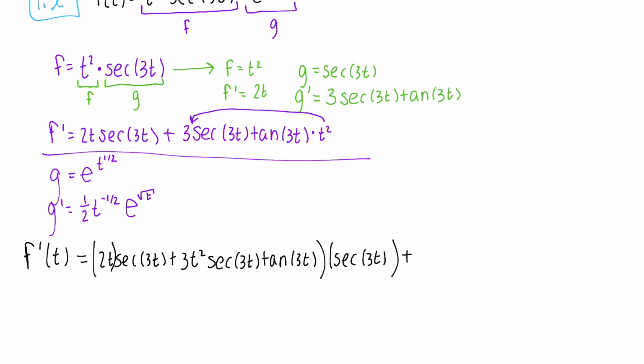So this should have been like 2t secant 3t, because this is f prime g. So this is f prime g, and then plus g prime f.